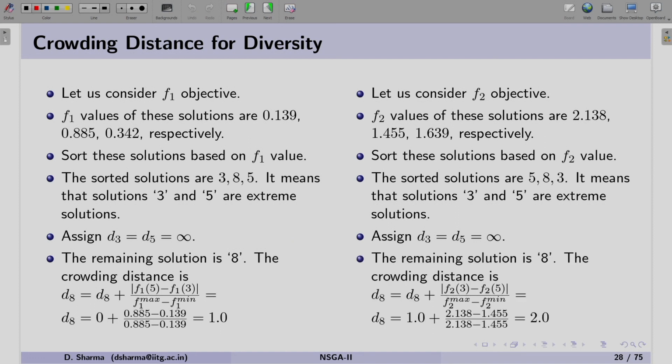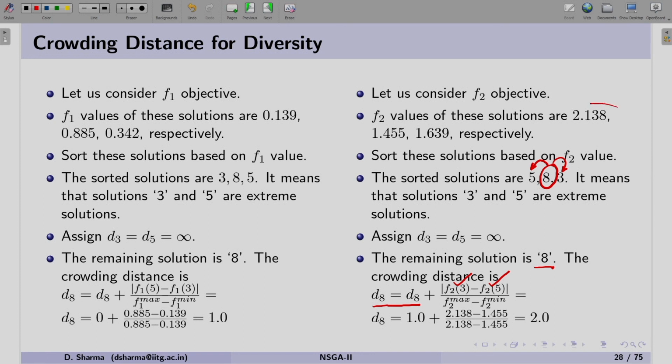The next step is that for the remaining solution 8, we have to find the crowding distance in F2. Looking at the sorted solutions, for solution 8 the neighbors are 5 and 3. Therefore, D8 is equal to D8 plus F2 of solution 3 minus F2 of solution 5, divided by F2 max minus F2 min.